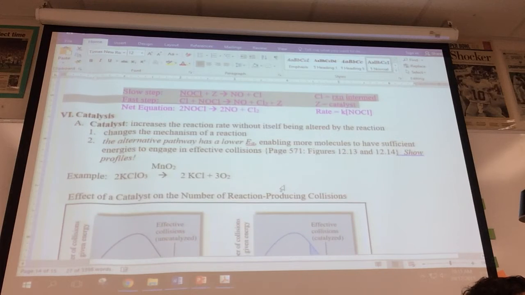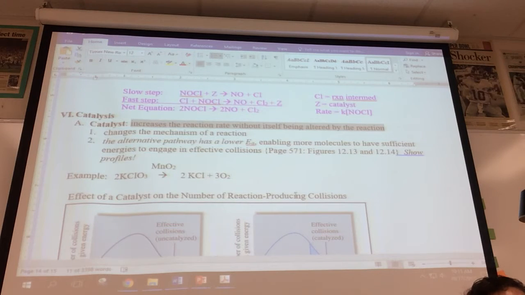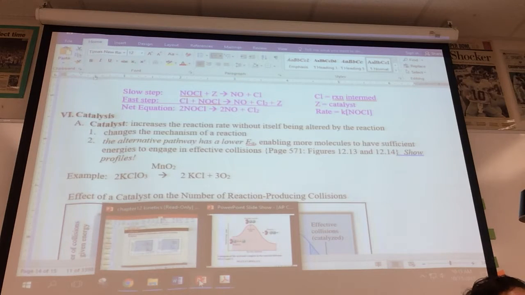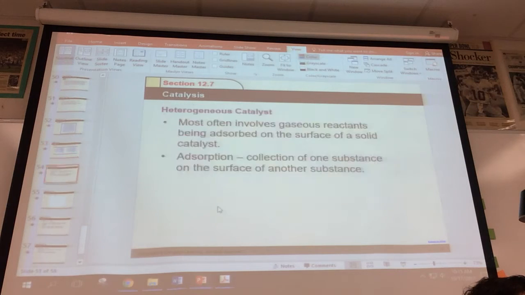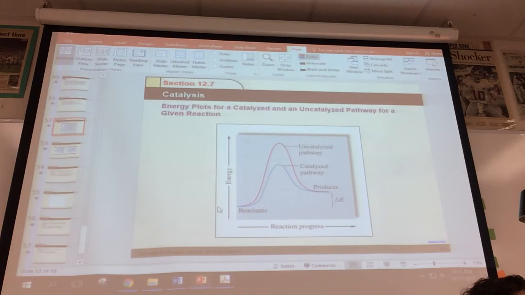I also just want to put the catalyst into perspective here. A catalyst, as we mentioned, is a substance that increases reaction rate but is not altered at all. Now, a lot of people will just say, oh, the catalyst lowers the reaction rate. The catalyst lowers the activation energy, but that is not what it does. Be careful there.